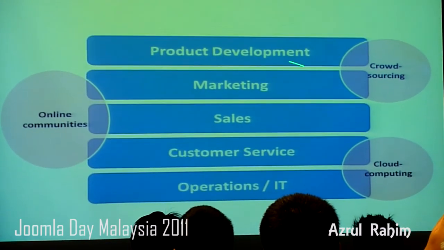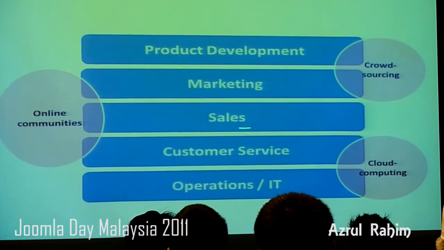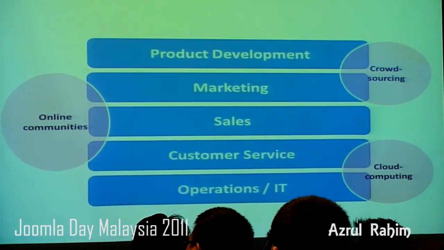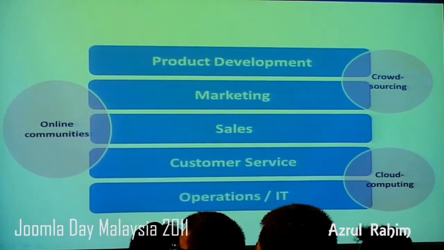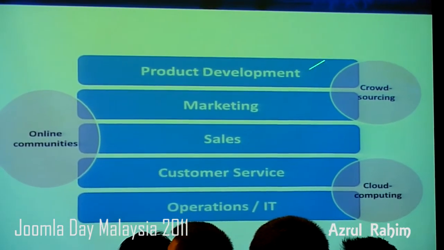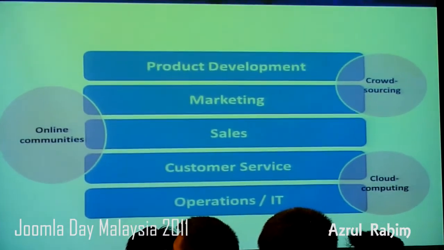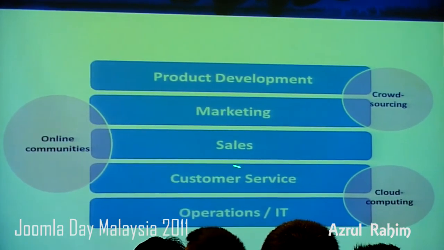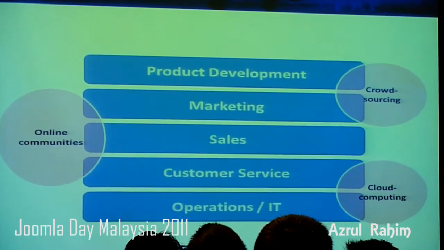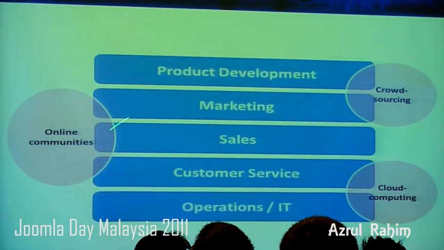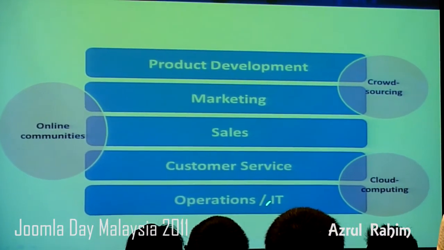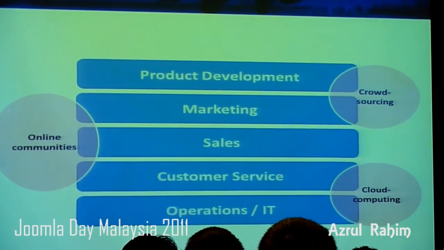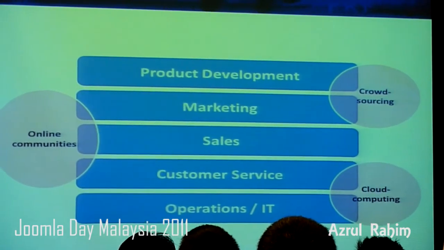For example, in product development and marketing, you crowdsource some of the development and get feedback from the users. Let them do the thinking for you, so you can just do the work that's relevant. In terms of marketing, sales, and customer service, you can build online communities to support these functions. And in terms of operations, for example, you put everything on the cloud.